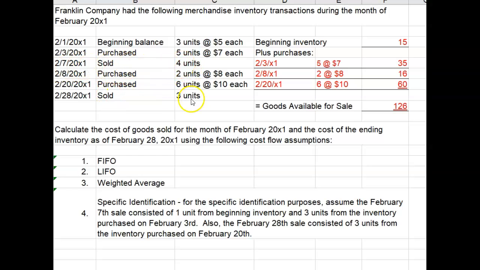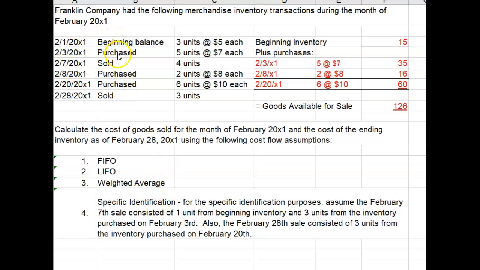We sold 3 units on February 28th, and the problem tells us that we need to assume that the February 28th sale consisted of 3 units from the inventory purchased on the 20th. With that information, we can calculate cost of goods sold and ending inventory for the month of February using the specific identification cost flow assumption.